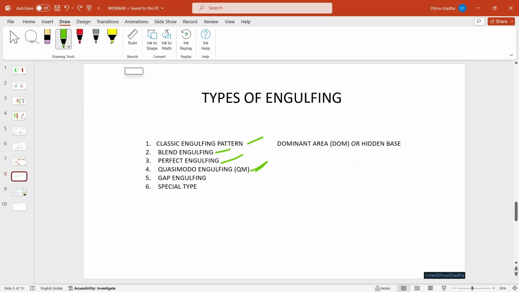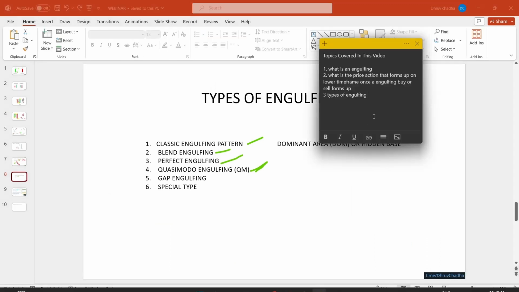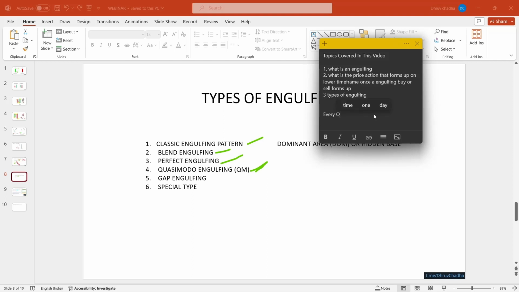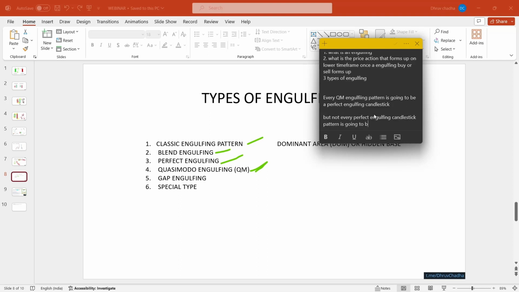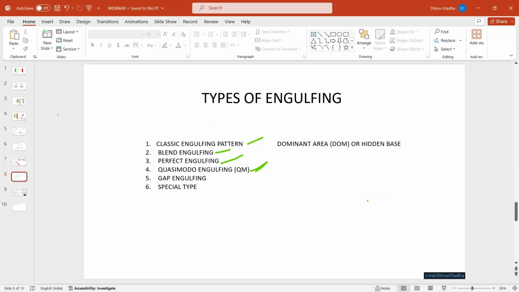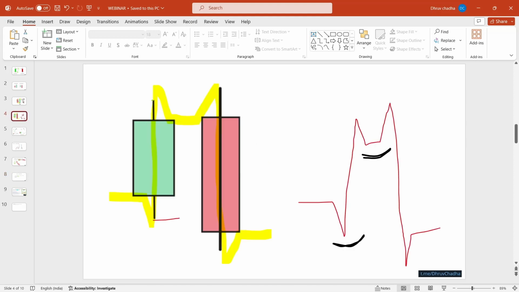Let me tell you one thing: every QM engulfing pattern is going to be a perfect engulfing candlestick, but not every perfect engulfing candlestick pattern is going to be a QM, because the perfect engulfing candlestick can have its high at the same area, right?